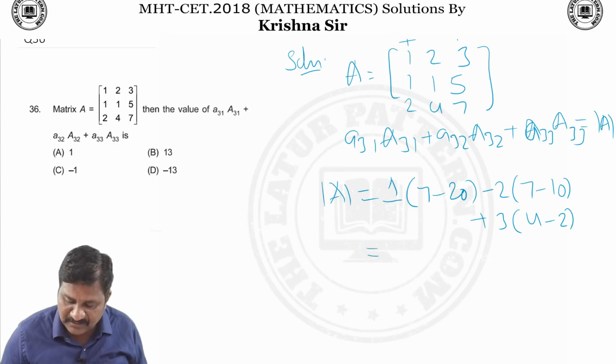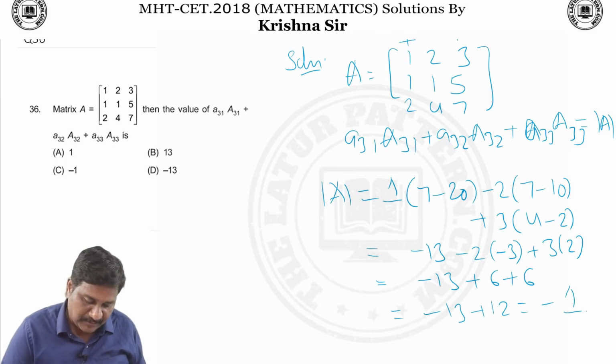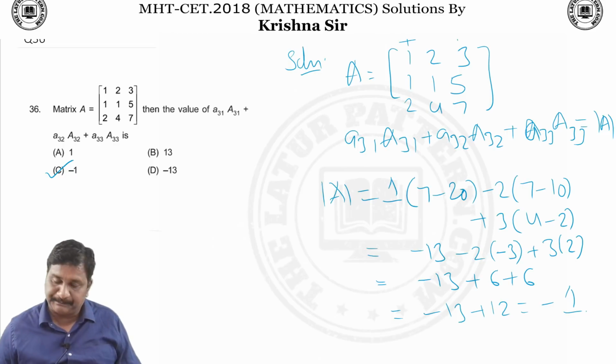How much? 7 minus 10 is minus 3, minus 2 into minus 3, and 4 minus 2 is 2, into 3. Here plus 6 plus 6 minus 13 which is equal to minus 1. So the given option is C.